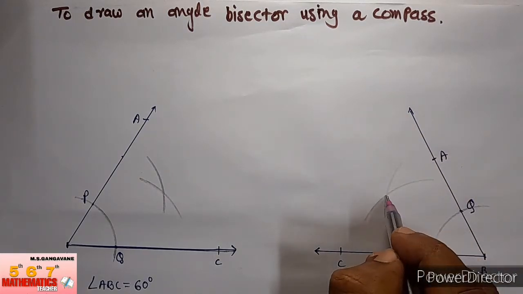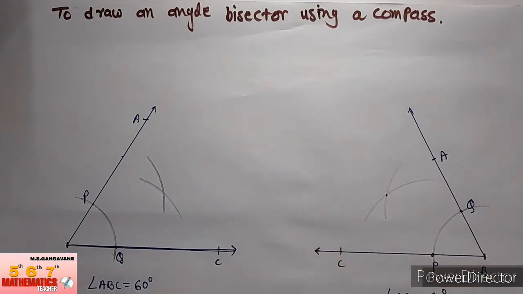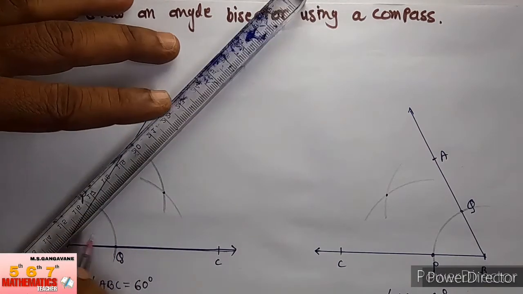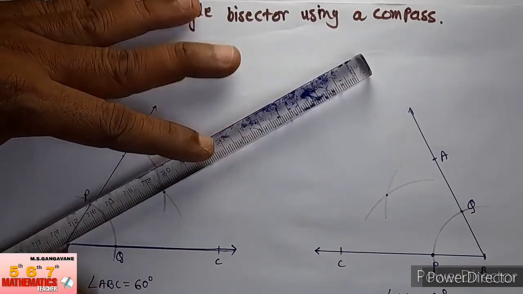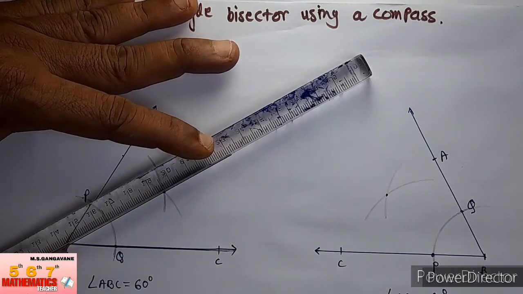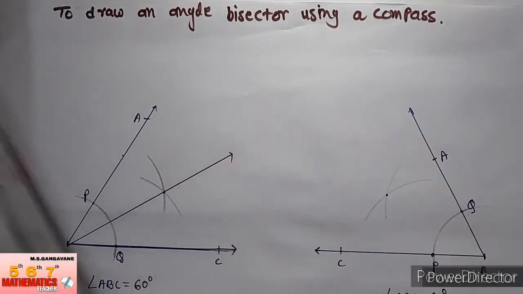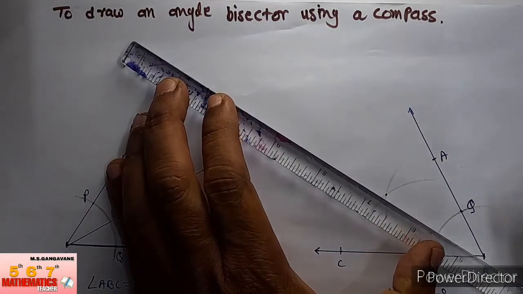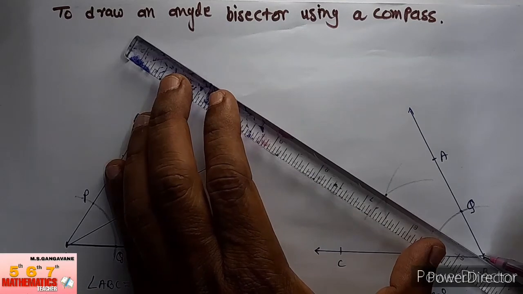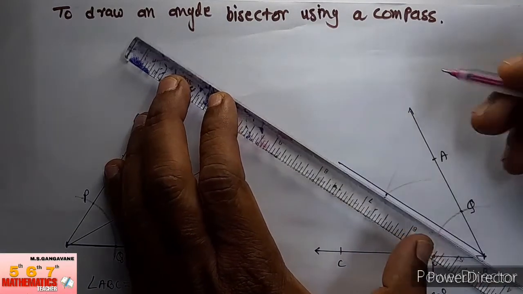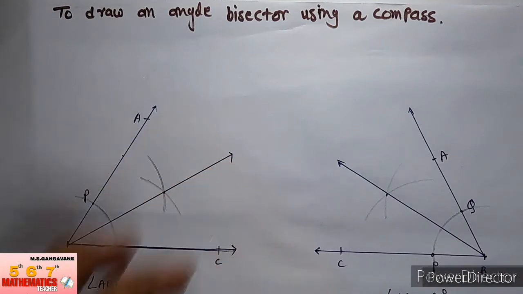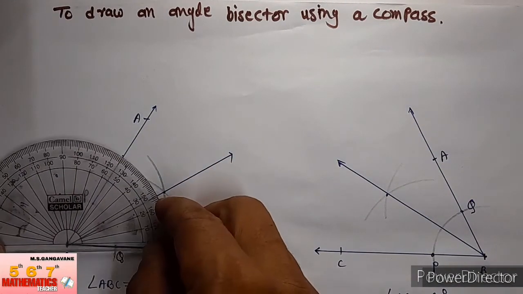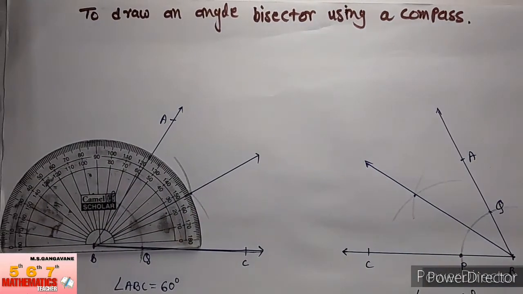Now find out the midpoint of the arc, and join it with B. Now, okay, use the protractor and count.